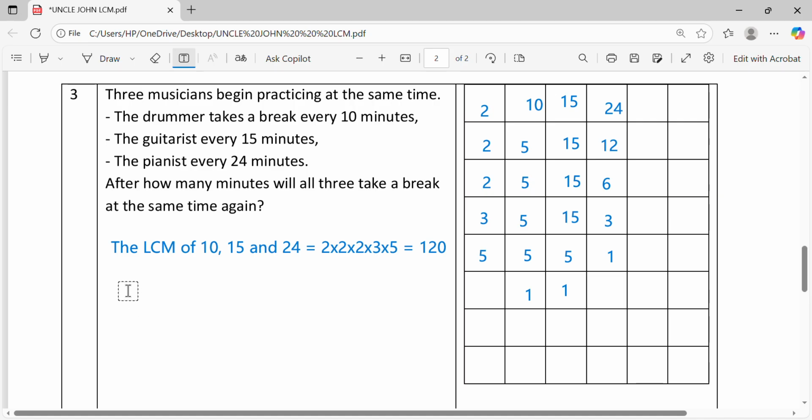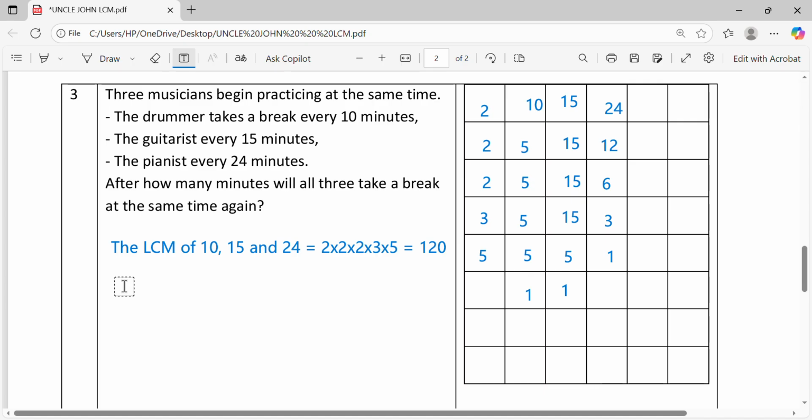When you get the LCM, it is better you come back to the question. They asked: after how many minutes will all three tracks take a break at the same time again?